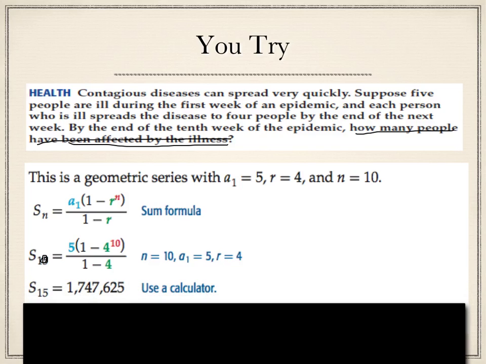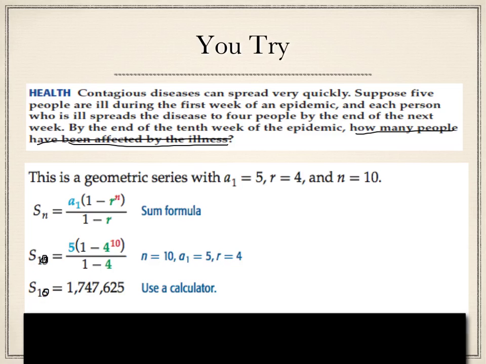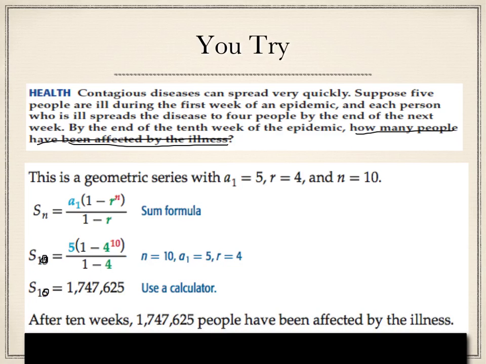If you do that on a calculator, you'll get that s sub 10 is equal to 1,747,625. So that's how many people would be affected after 10 weeks if this spreading rate continues.